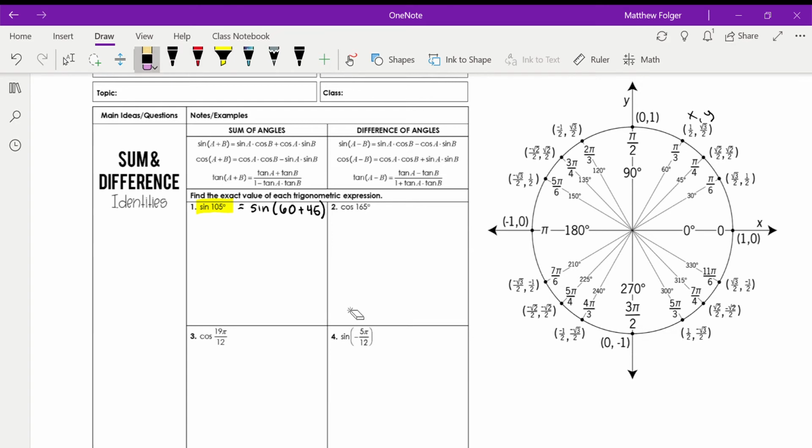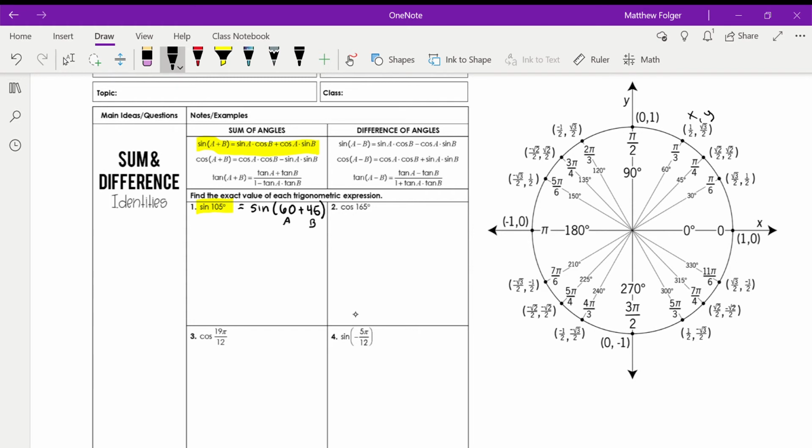So 60 plus 45 equals 105, so I can rewrite this here. And since I know the sine of 60 and the sine of 45, using this formula, I can find the exact value. Sine of a plus b is sine of a times cos of b plus cos of a times sine of b. So this will be a and this will be b, and let's write that formula out.